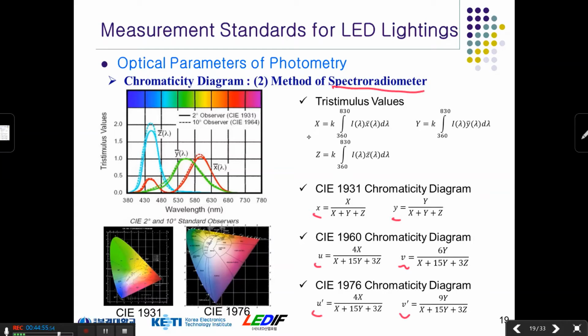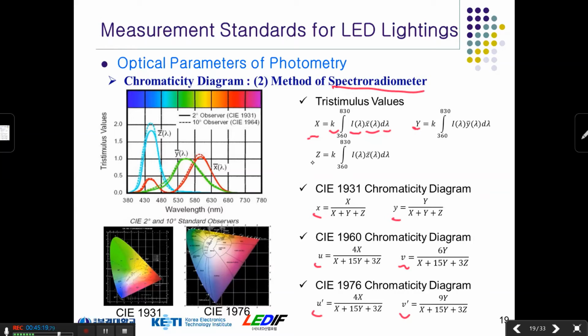One of those three stimulus values, large X, is calculated by integrating I(lambda) times x bar(lambda) over wavelengths, and then multiplying by K. That is 683 lumen per watt.